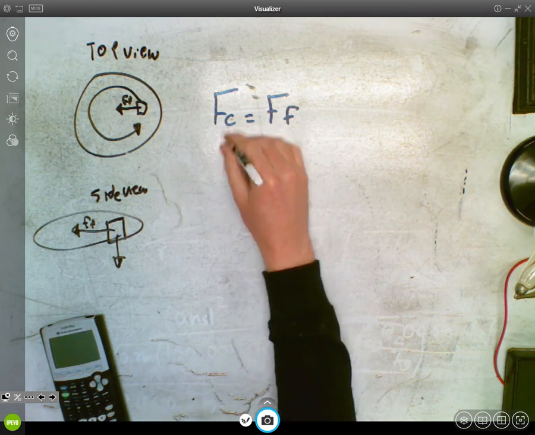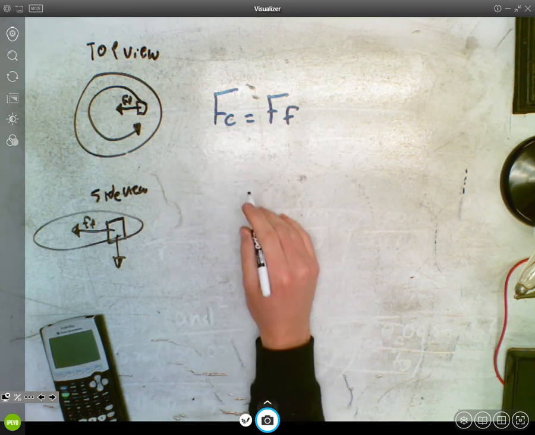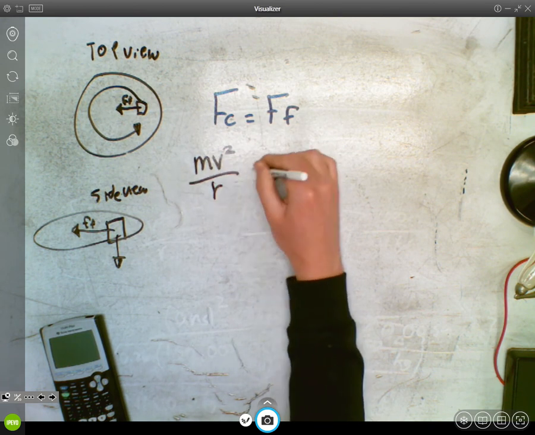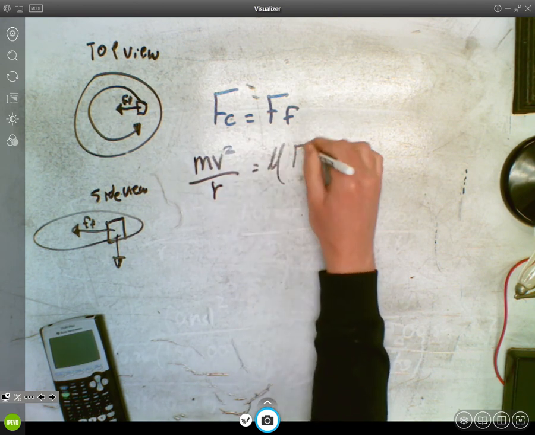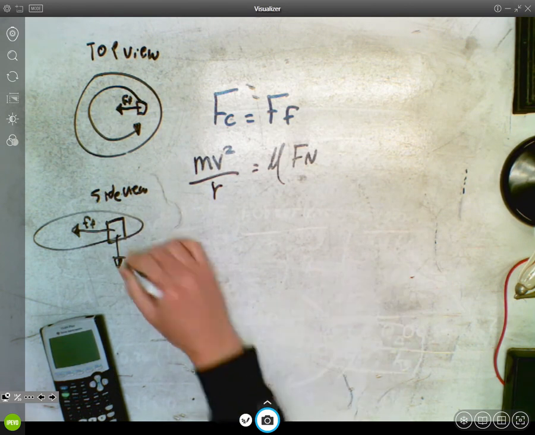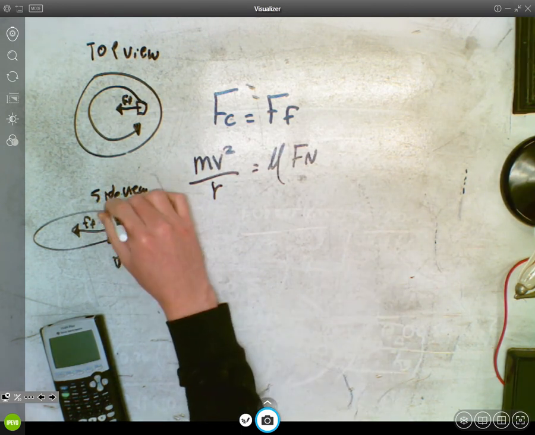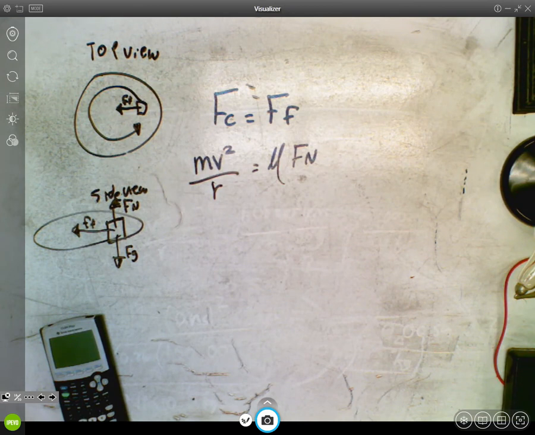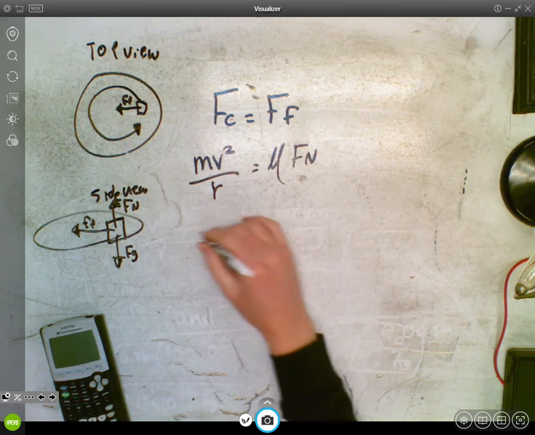So we can break this down. And because we're trying to find a speed, we can use mv squared over r. And our force of friction is the same one as before. That's mu Fn. If this is our force of gravity and it's a level merry-go-round, then Fg is going to equal Fn. So we can break this down further.